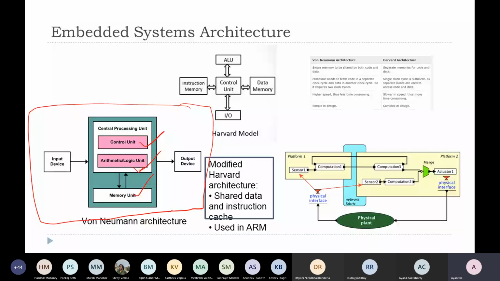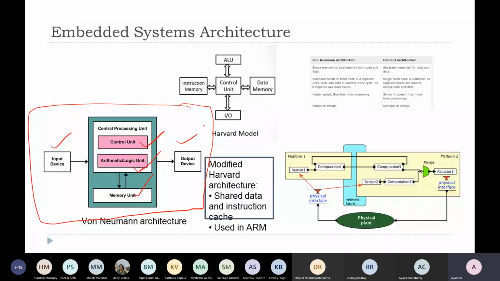The memory unit is storing the instructions you are going to implement. The arithmetic unit is actually implementing them. And in the arithmetic unit, which part will get activated, which flow should be taken, and when you will communicate with the input and output devices, that part will be controlled. So this is the basic idea of what you are designing in the embedded system architecture.